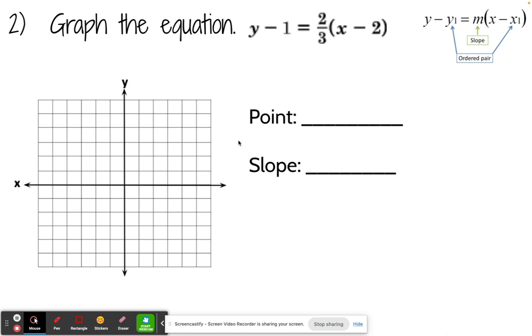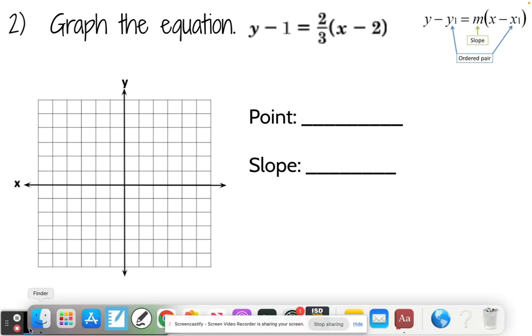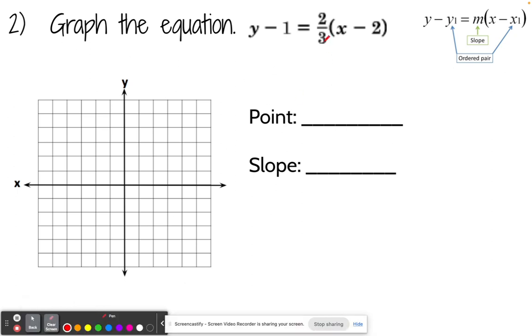Let's look at this one. First, let's pull out my point and my slope. Here's my slope, 2/3. And my point: x minus my x value, 2, and y minus my y value, 1.